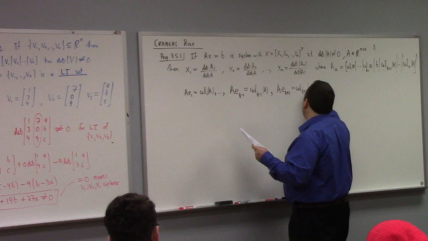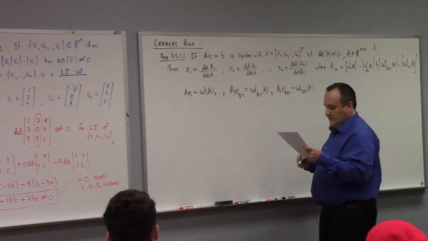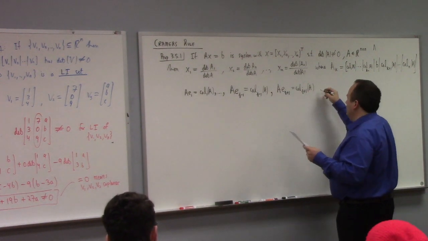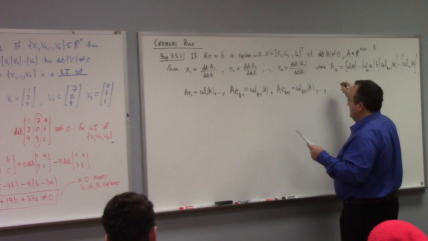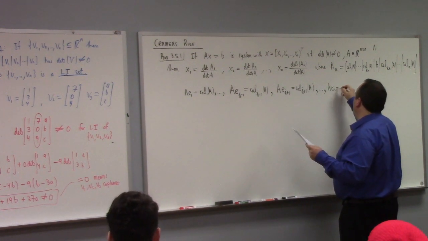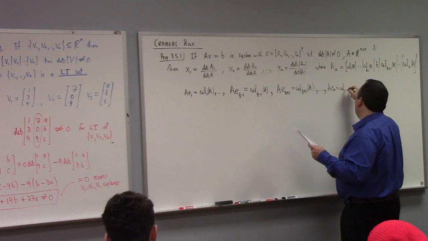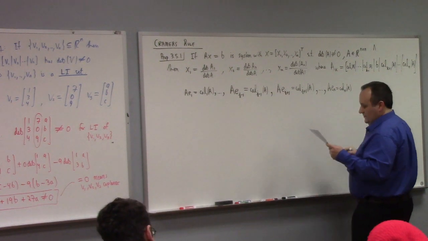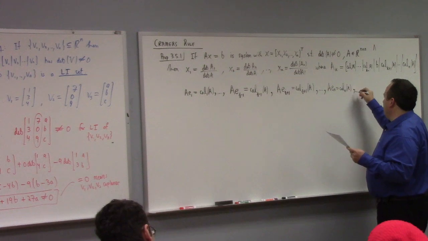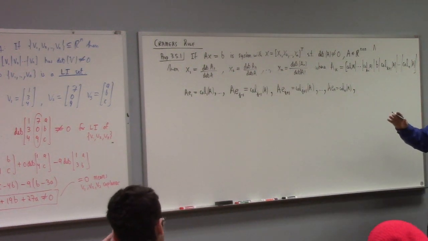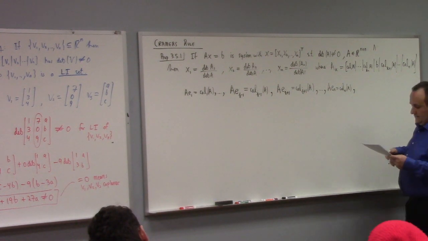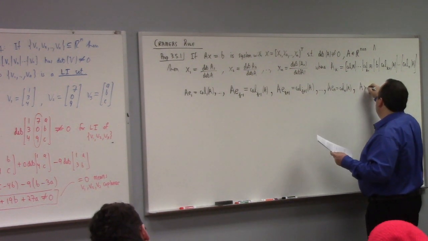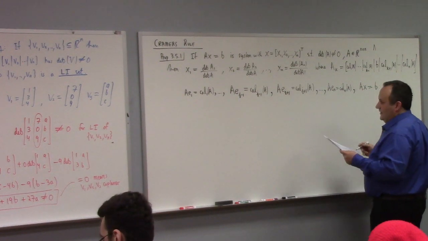This is kind of the same thing over and over again, but you get the sense of it. Eventually, we get to the nth column, where A times En is column n of A. We've talked about this before. When we multiply the matrix by a standard basis vector, it picks out that column of the matrix. And then his last equation here is AX equals b.